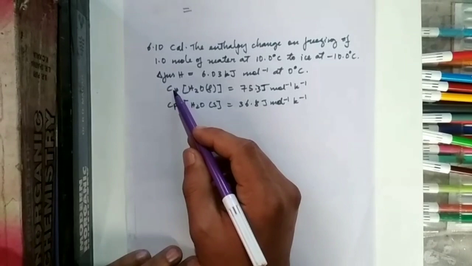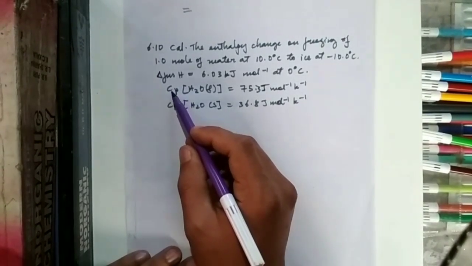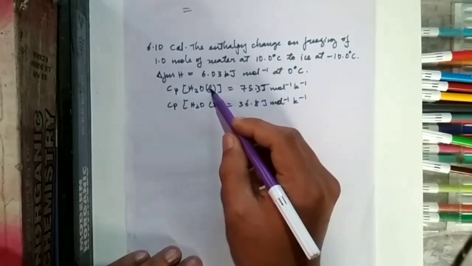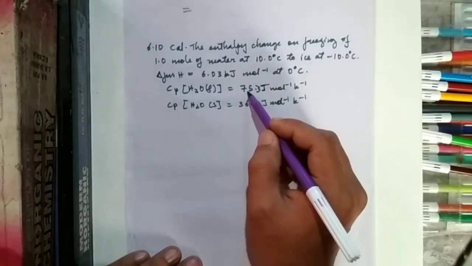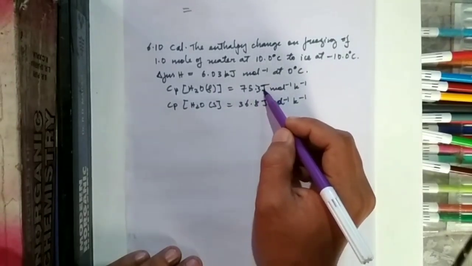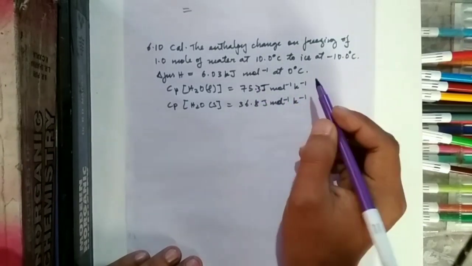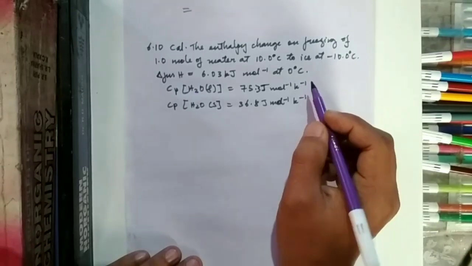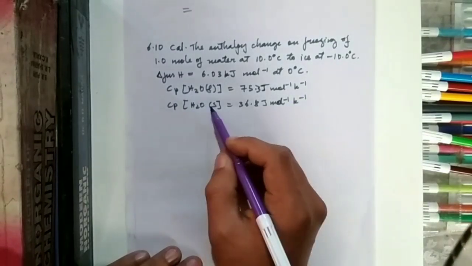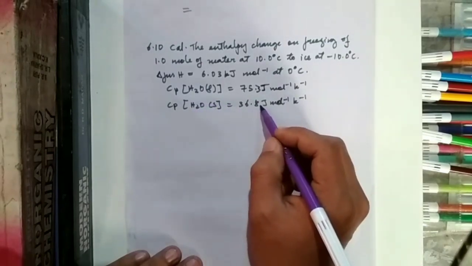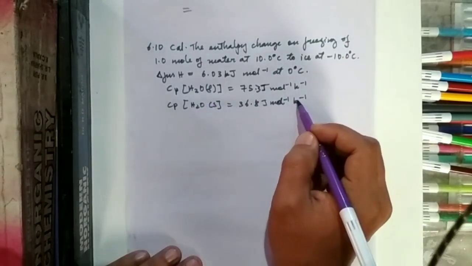Cp, the heat capacity, is given for water in the liquid state as 75.3 joule per mole per Kelvin, and for solid, that means ice, 36.8 joule per mole per Kelvin.